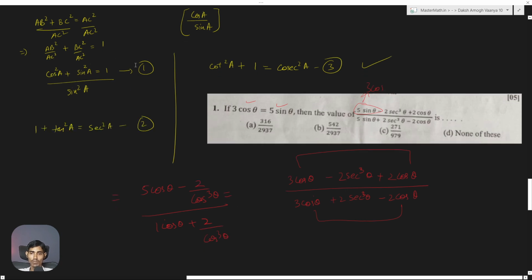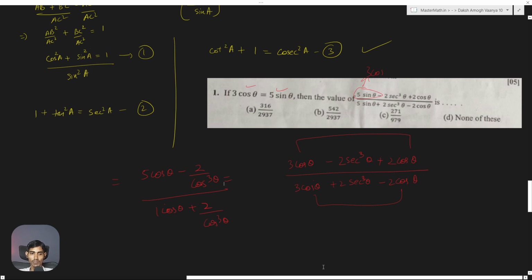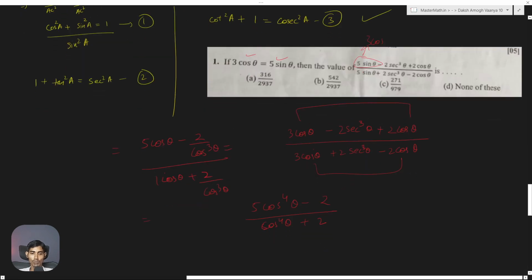Any doubts till now? 5 cos power 4 theta minus 2, cos power 4 theta plus 2, and that cos cube would get removed; here also we will have cos cube theta, and that gets eliminated. I remove that. Now we have something in this form.